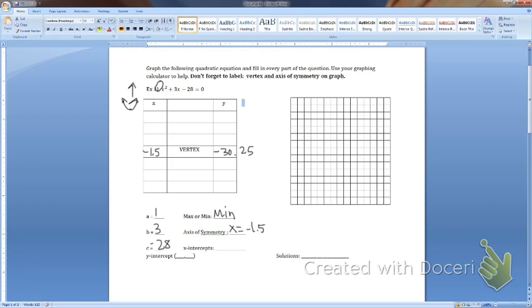In order to find where it crosses the x-axis, we need to basically solve this equation up here for x. So how do we solve that for x? Well, you have to factor it first, right? So let's go ahead and see if we can factor this. I want to figure out what two numbers multiply to get negative 28 and add to get 3.